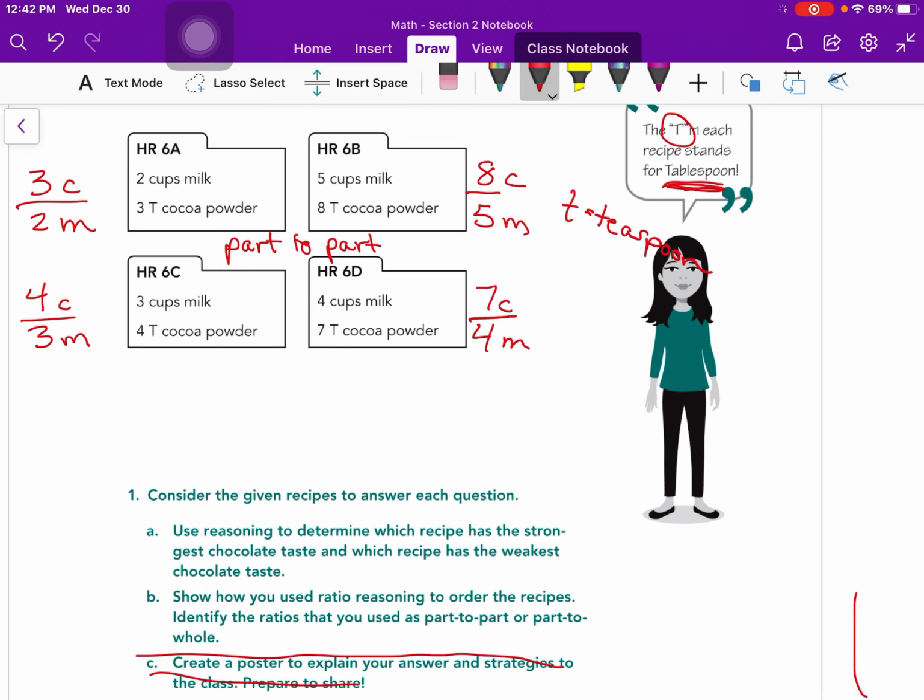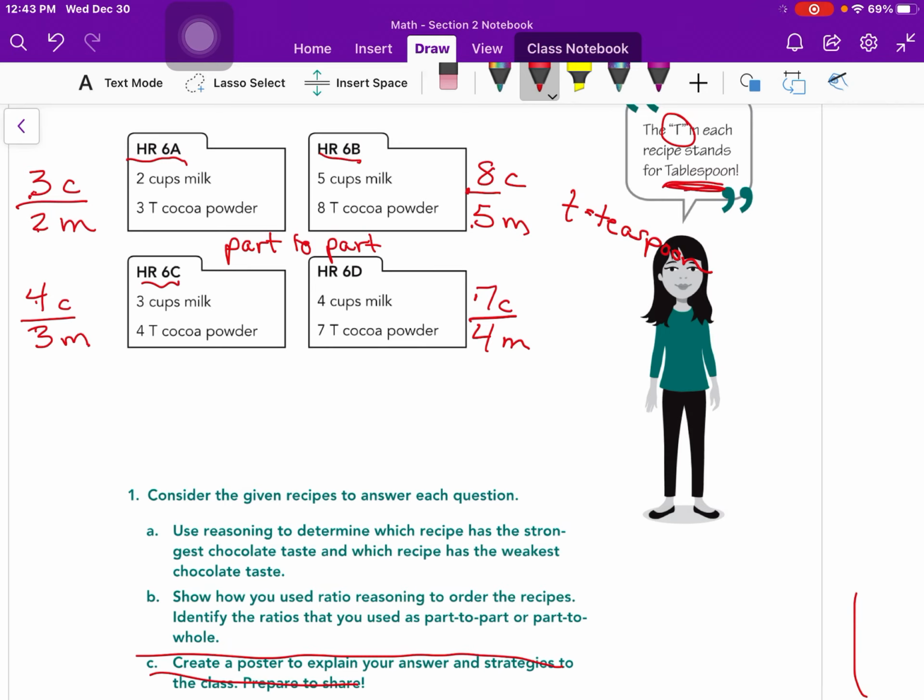Now, if I'm going to write them like a fraction, I want to treat them like a fraction, I think. In every single one, there's more cocoa than milk. 3 to 2, 4 to 3, 8 to 5, 7 to 4. In this one, 3 cocoa and 2 milk. Boy, those are pretty close. It's almost equal cocoa to milk. So's this one, almost equal cocoa to milk.